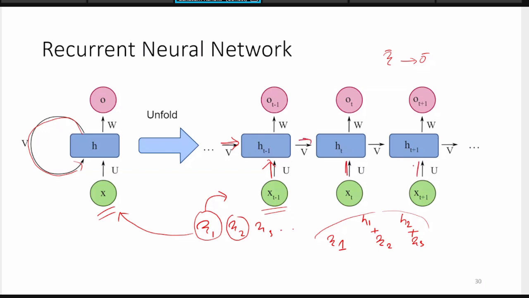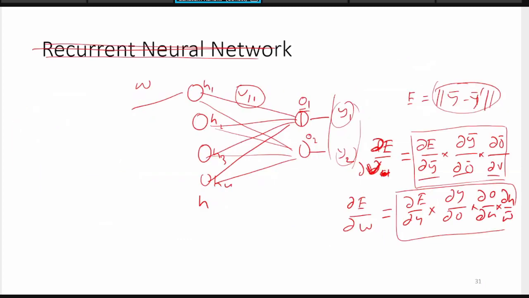Likewise, you are considering the output of the previous unit for the model. This figure summarizes the process of the recurrent neural network.